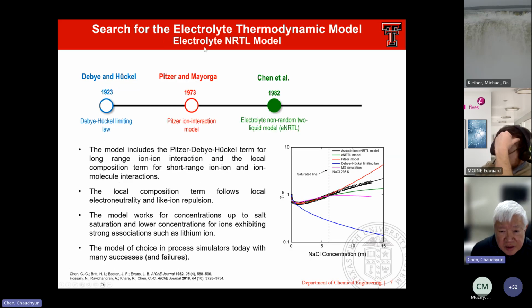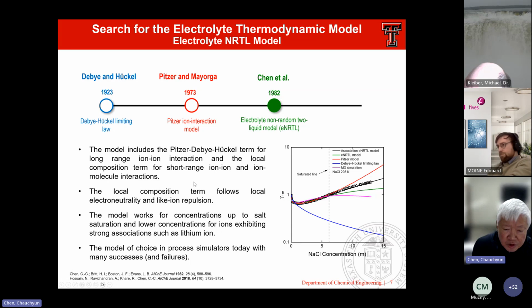So with that in mind, back in '82, I developed the electrolyte NRTL model. Again, we built on the work of Pitzer. We used the Pitzer-Debye-Huckel expression that he developed, but we replaced the short-range interactions with a local composition model.